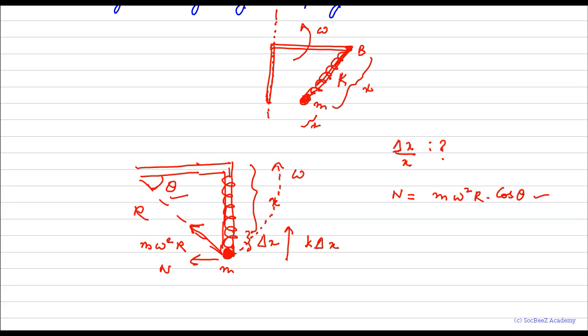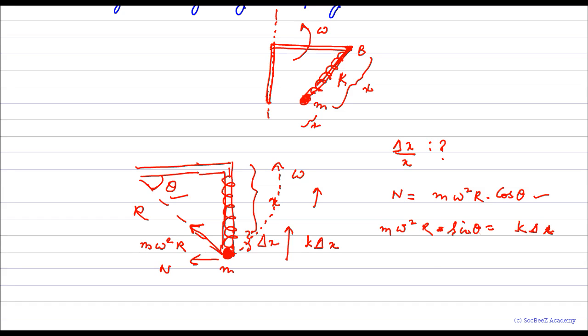And my second equation would be: m omega square r into sine of theta, that is this component of the centripetal force, must be equal to k into delta x.